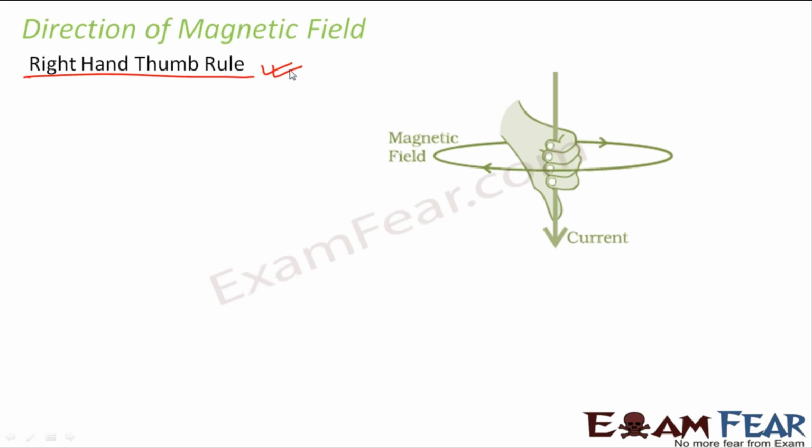It says that if your thumb represents the direction of the current flowing through the wire, then the direction in which all the other four fingers curl represents the direction of the magnetic field.